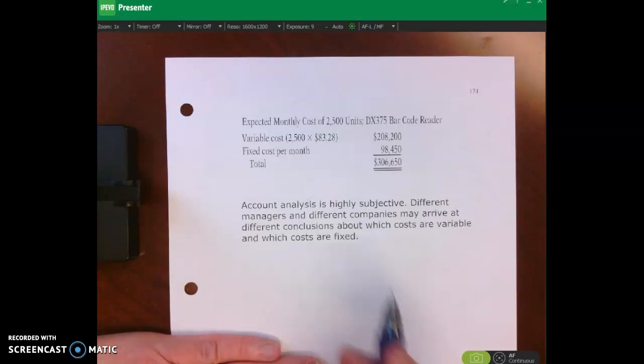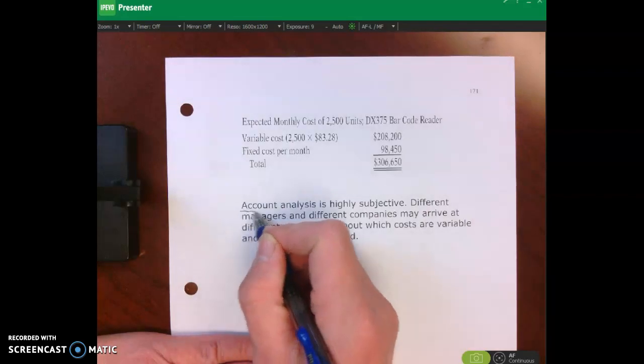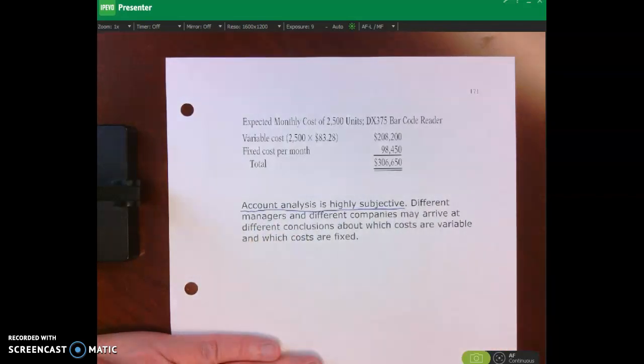Okay? What's the problem? Very subjective. Think about how we went through and we said, well, we think half of our utilities costs are fixed. Half of the utilities costs are variable, because remember, utilities is a mixed cost. So what we have to do with that mixed cost is divide it into its variable and fixed components. So we kind of made a guess based on prior experience.